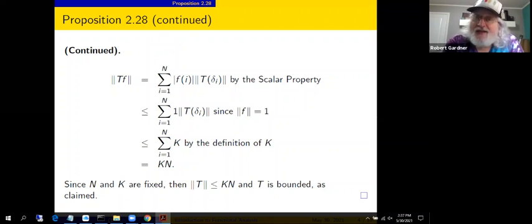There you go, it's bounded by KN. K is defined and N from set capital F.